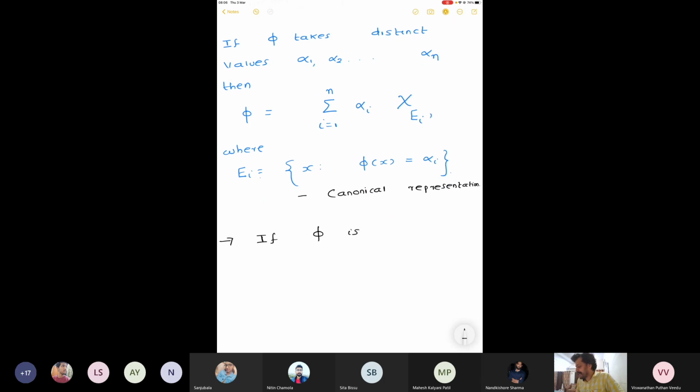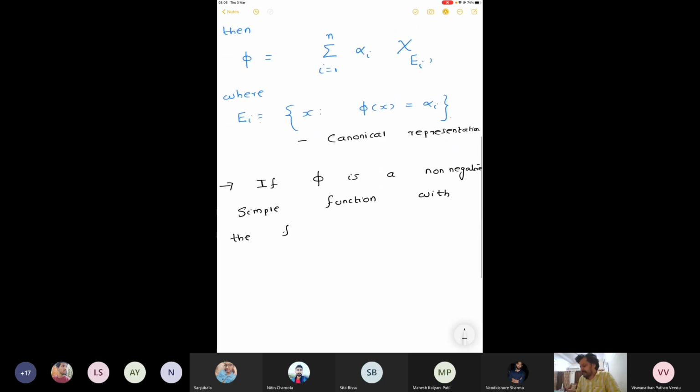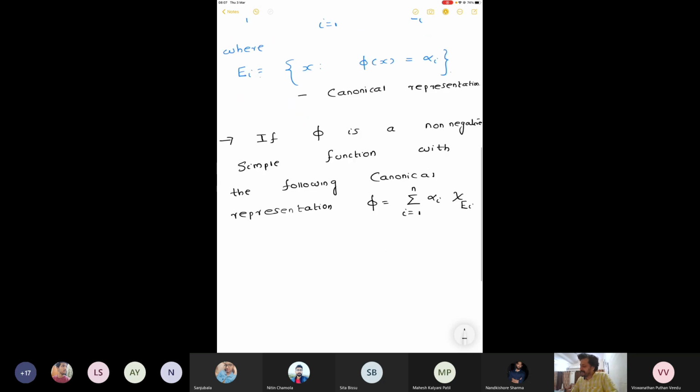If phi is a non-negative simple function, simple functions are measurable by our definition, with, let us say, the following canonical representation, phi equal to summation i equal to 1 to n alpha i chi Ei, then we define its integral as follows.